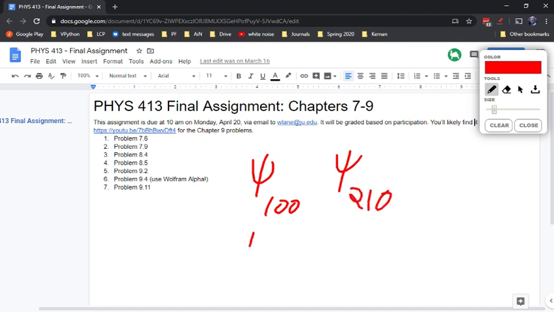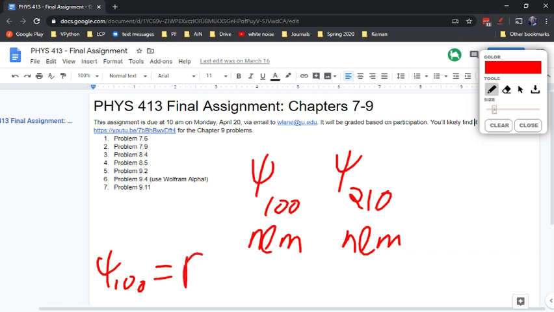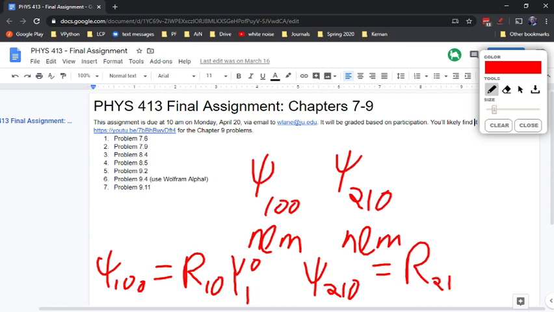So remember, this is NLM. For example, psi 1, 0, 0 is going to be R10 times Y10, and then psi 210 is going to be R21 times Y10. So the psi's get three labels, N, L, and M. The R's have two labels, N and L, and the Y's have two labels, L and M.